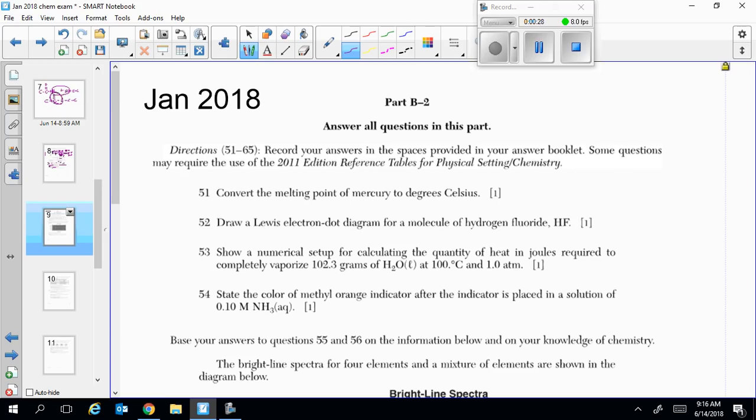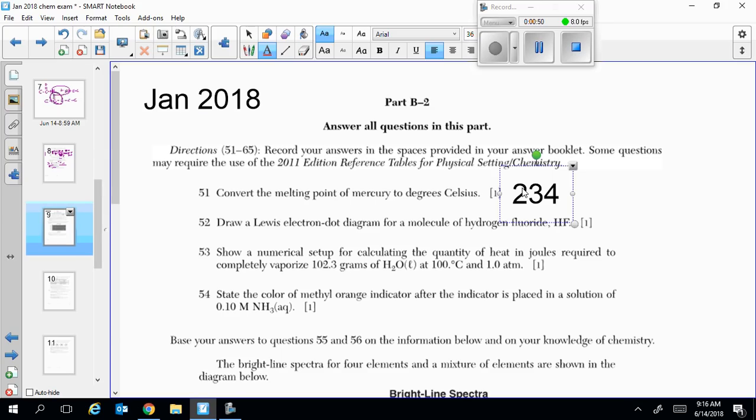So I need to go grab my reference table, look up mercury. Mercury is element 80, and I go to table S and I find its melting point. And its melting point is 234. And if I want to have it converted to Celsius, this is in K right now.